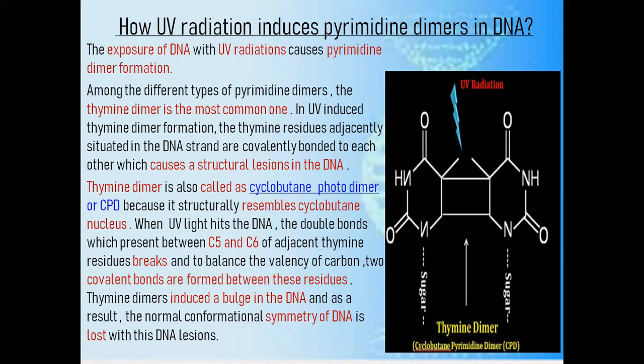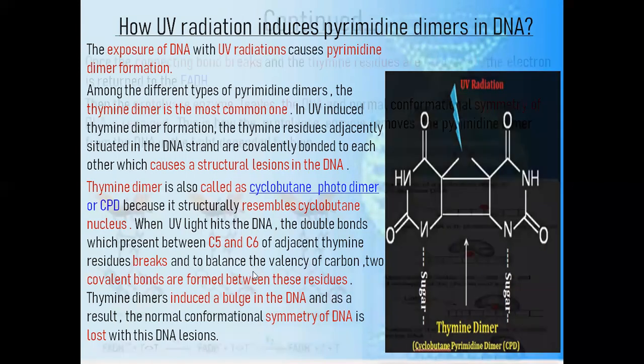When UV light hits the DNA, the double bond present between C5 and C6 of the adjacent thymine residues breaks, and the balance of the valency of carbon is lost, and hence covalent bonds are formed between these residues. Thymine dimers induce a bulge in the DNA, and as a result the normal conformational symmetry of the DNA is lost, with the lesions formed.